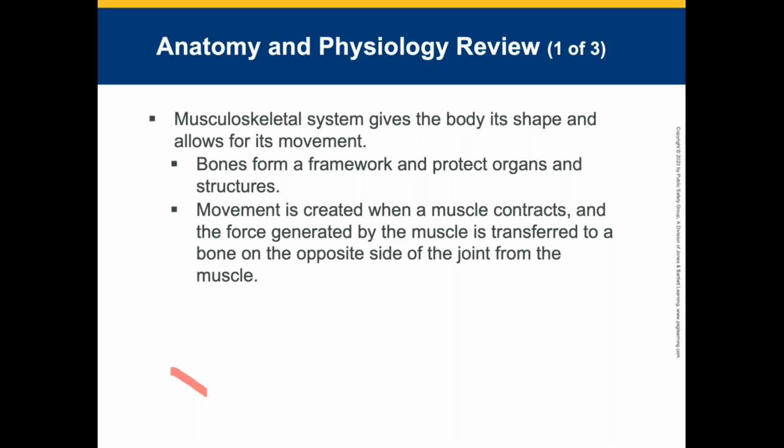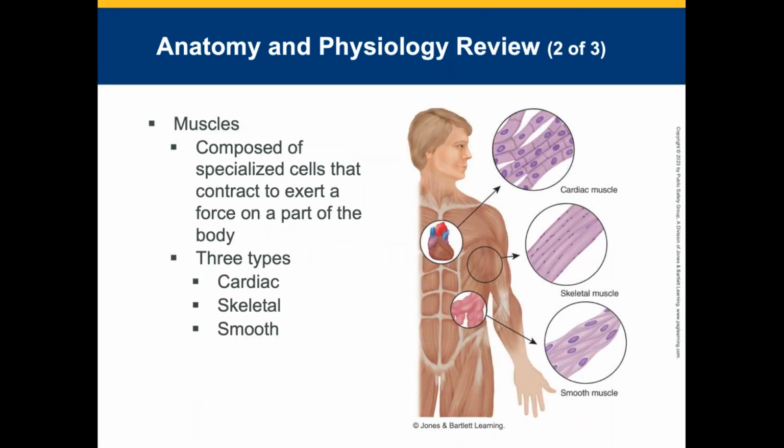So very important part. Muscles are composed of specialized cells that contract when stimulated to exert a force on the part of the body. There are three types of muscles: cardiac, skeletal, and smooth. Right? So cardiac muscles are only found where? I'm going to circle this for you, but in the heart.